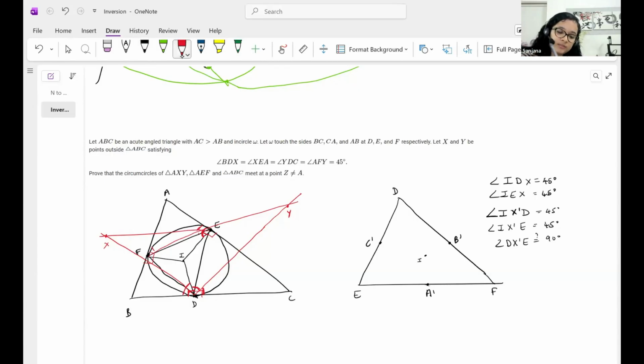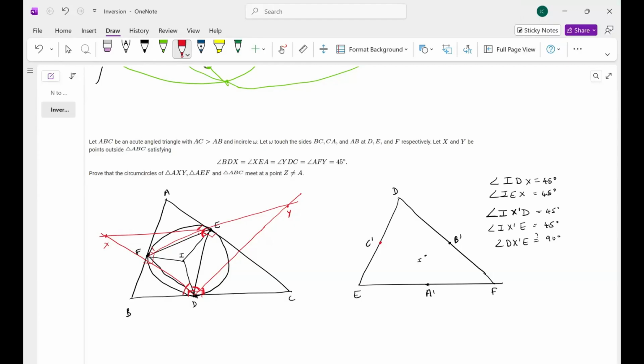In the original figure itself, can we say anything about X? We can't really say anything about XI. If we take a circle centered at the midpoint of DE, where should X' lie?